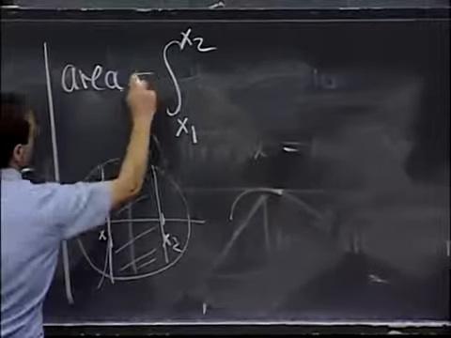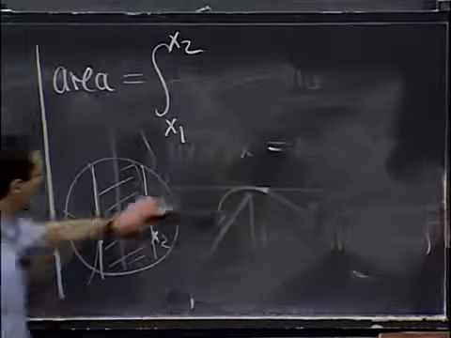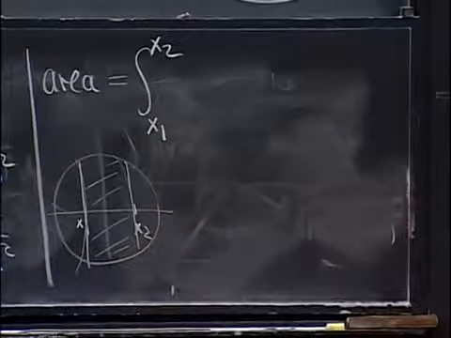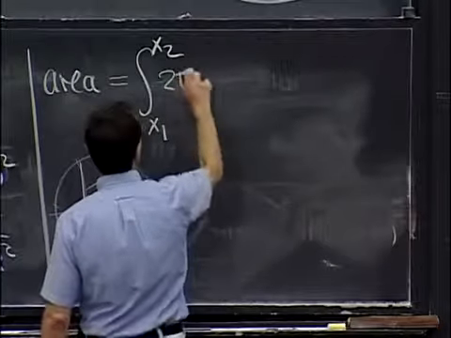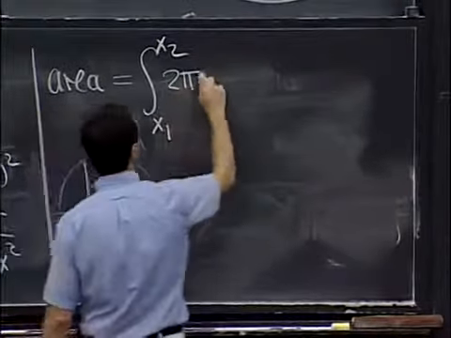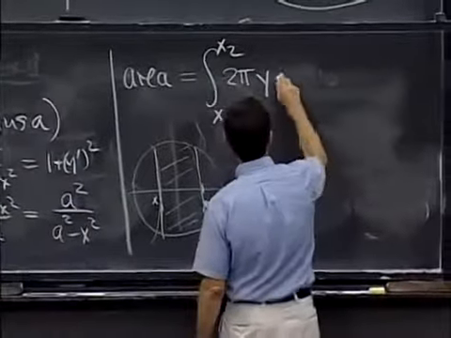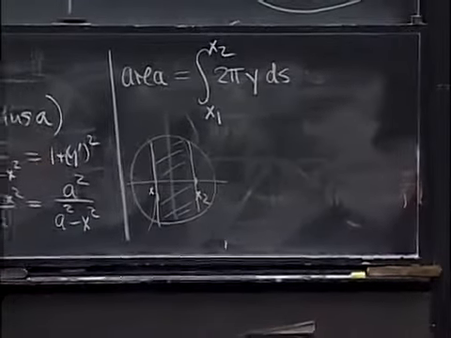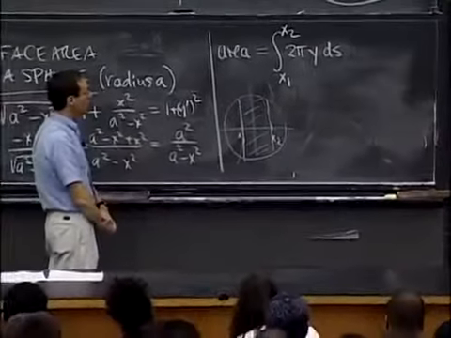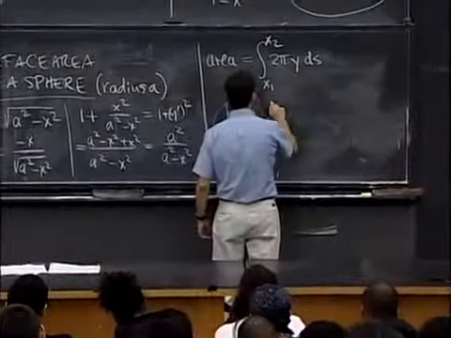So the area is going to equal this. And what is it going to be? Well, I have here 2 pi times y. I'll just leave it as y for now. And then I have ds. All right, so that's always what the formula is when you're revolving around the x-axis. And then I'll plug in for those things.